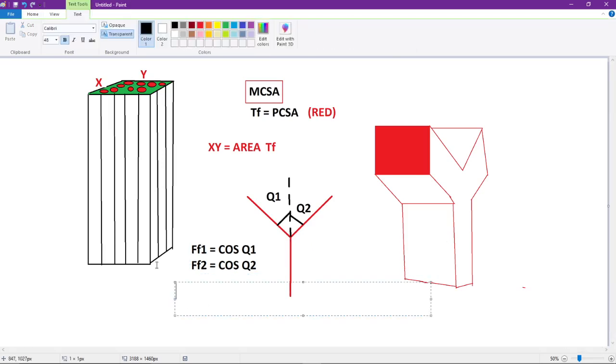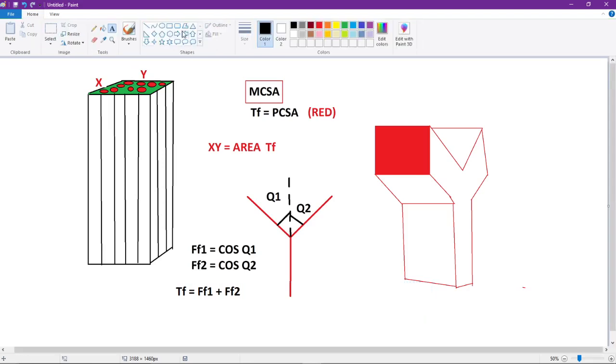So if I add the total fiber force, or I should write here the tensile force of the pinnate muscle, it will be equal to the fiber force of 1 plus the fiber force of the second part of the fiber. So this will give me the actual tensile force generation by a pinnate muscle.